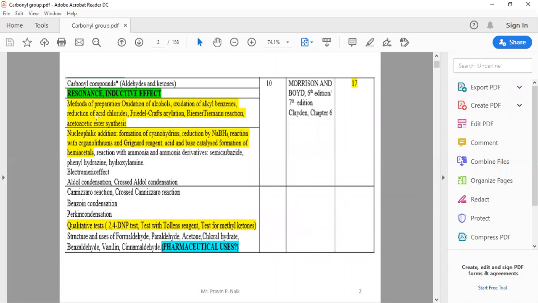So as discussed, we have already discussed the basic part, that is the resonance and inductive effect.